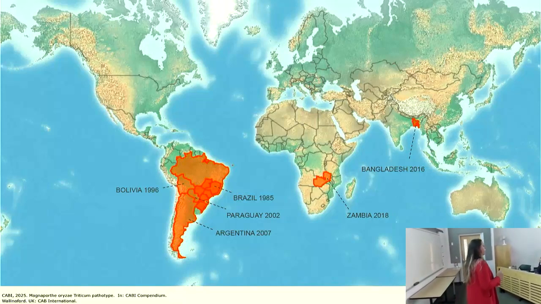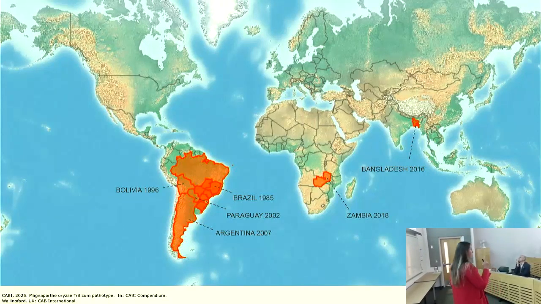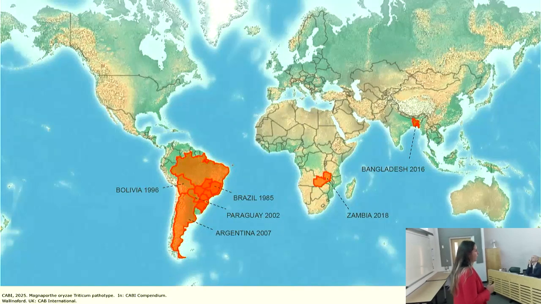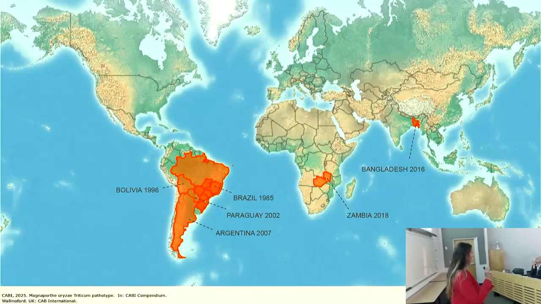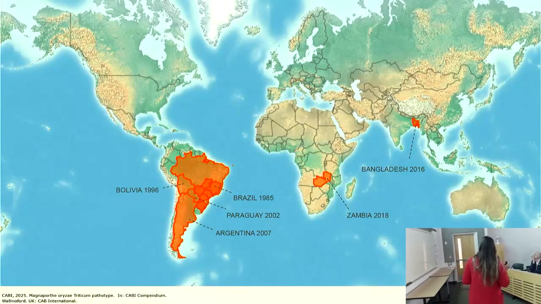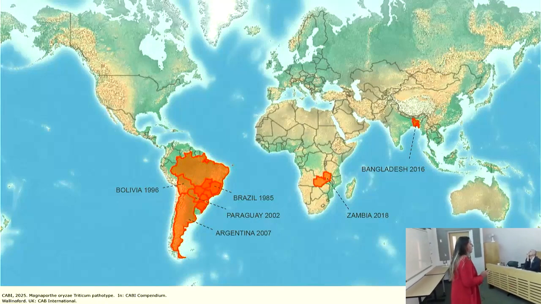There is also a report from the US in 2011, but it was a single head. So I guess it's kind of unfair to paint all of the US in orange there, but we have one report.